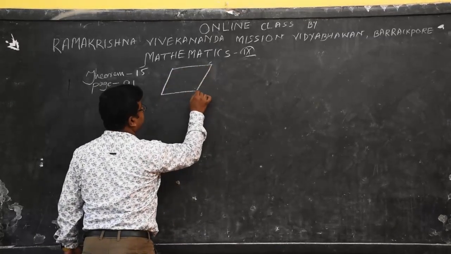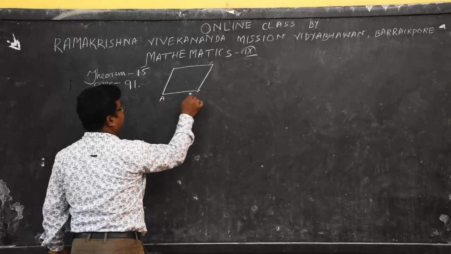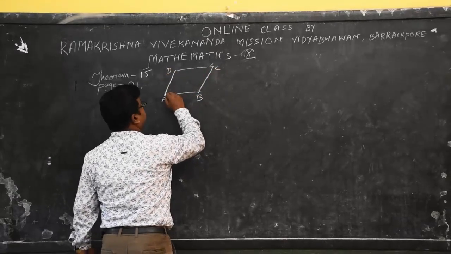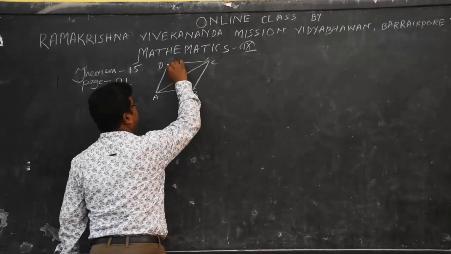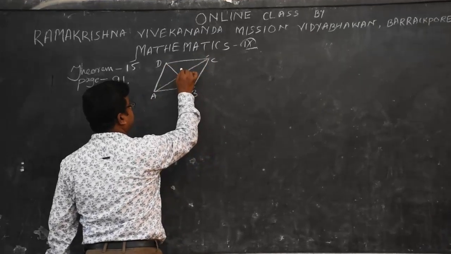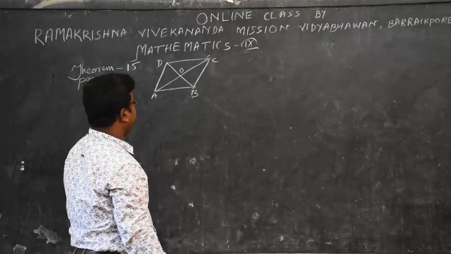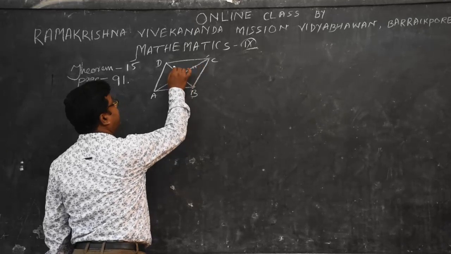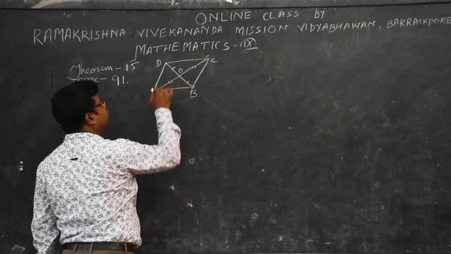Let the parallelogram be ABCD. Diagonals AC and BD intersect each other at point O. Required to prove AO equal to OC and BO equal to OD.